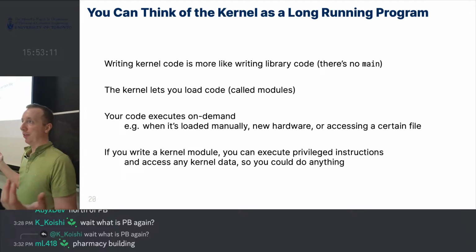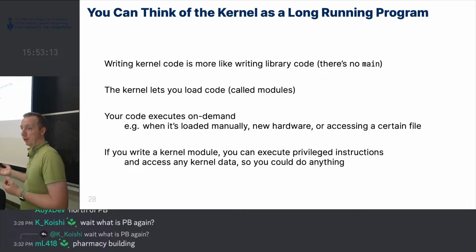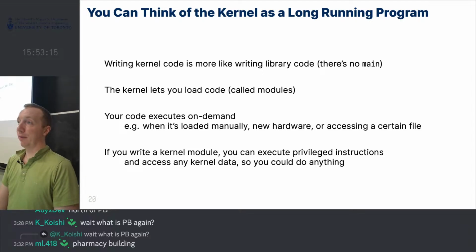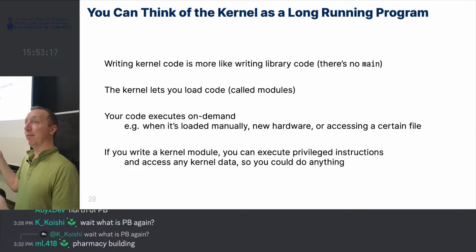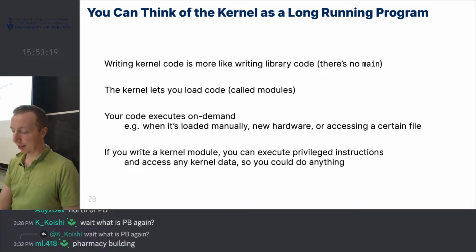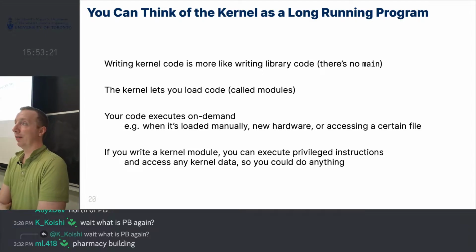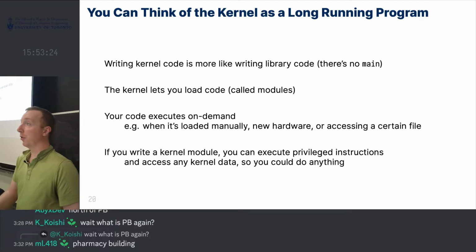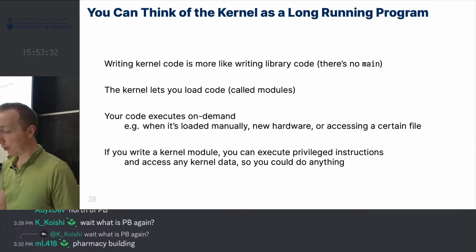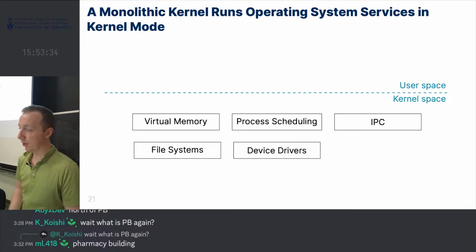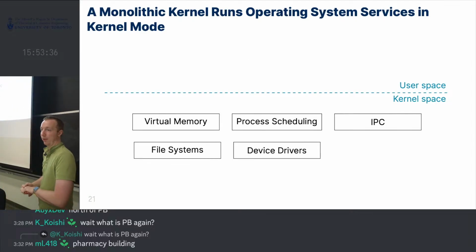Possibilities would be actually endless for that code as long as you knew what to do, which is why if you have code that can escalate privileges and be inserted into your kernel, well, then your computer's pretty much gone because it can do whatever it wants. Your kernel is the thing that's maintaining security. So if your kernel gets compromised, you're kind of hosed at that point because kernel code can do anything. So it's a really important part of the software stack.